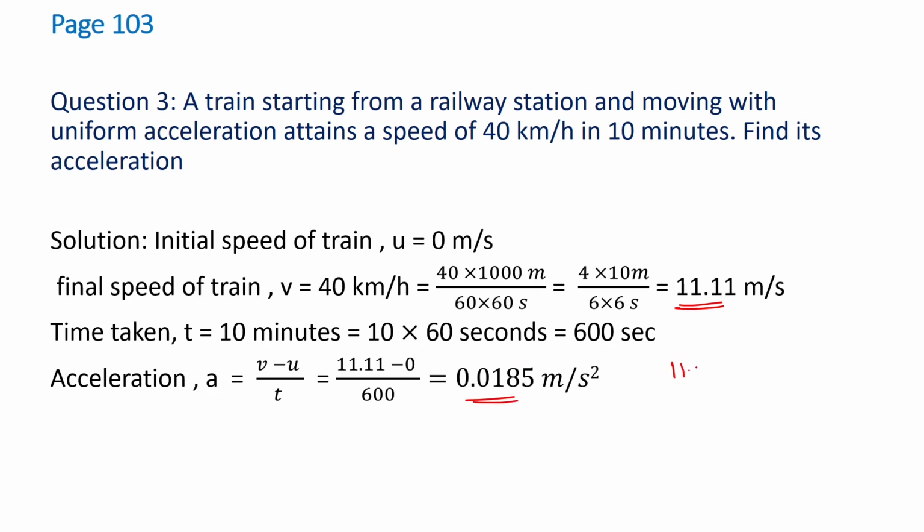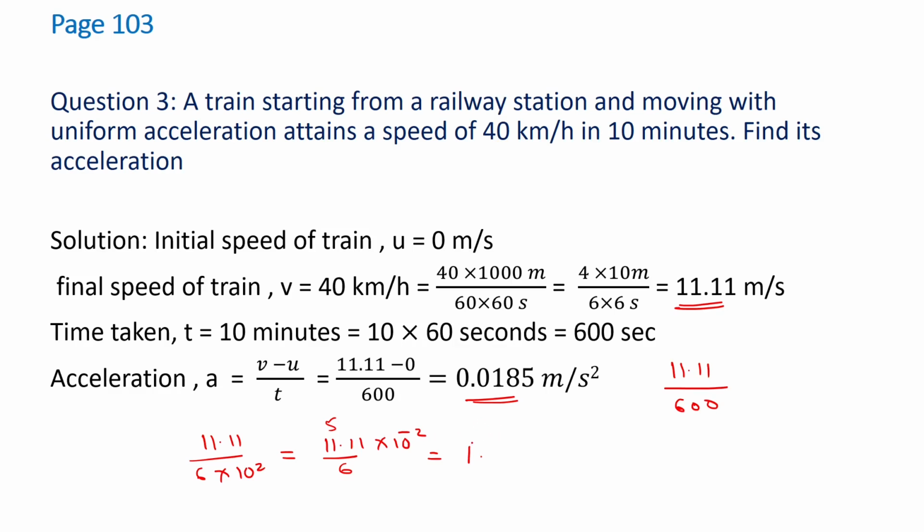You can simply divide 11.11 by 600, and this can also be simplified as 11.11 into 6 into 10 to the power 2. So for further calculation, 6 will come to the denominator, and it will be 11.11 into 10 to the power minus 2 divided by 6. If you divide 11.11 by 6, 6 ones are 6, then 11 minus 6 is 5, then the decimal point comes, and it will be 51.